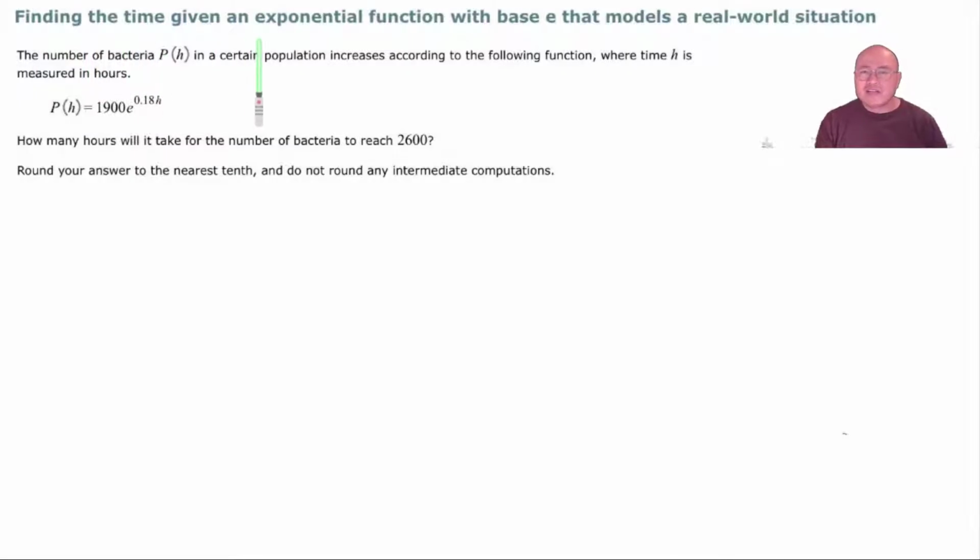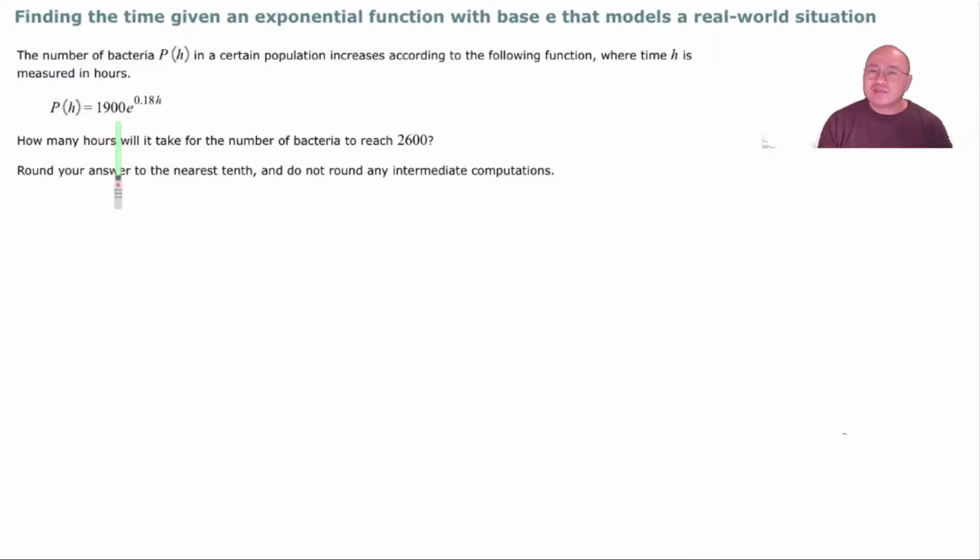Finding the time given an exponential function with base e that models a real-world situation. The number of bacteria, P of H, in a certain population increases according to the following function, where time, H, is measured in hours.